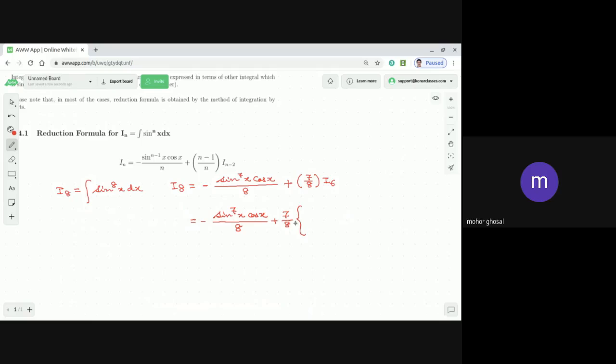That will be minus sine to the power 5x into cos x divided by 6, correct or not? Plus 5 by 6 into I4.